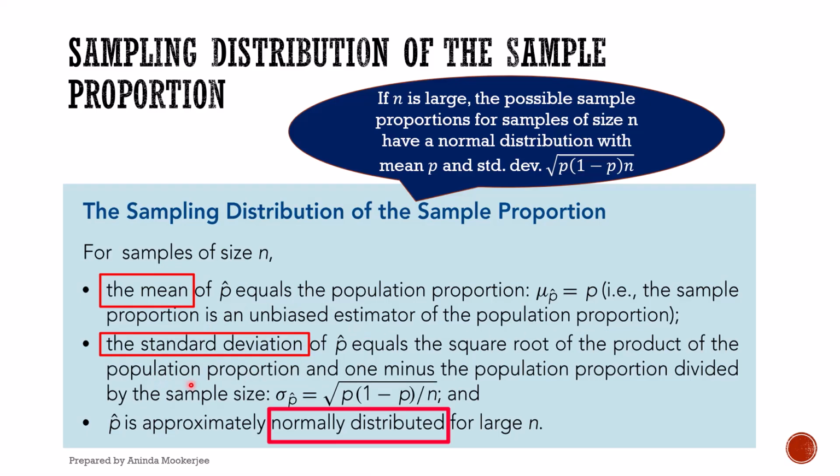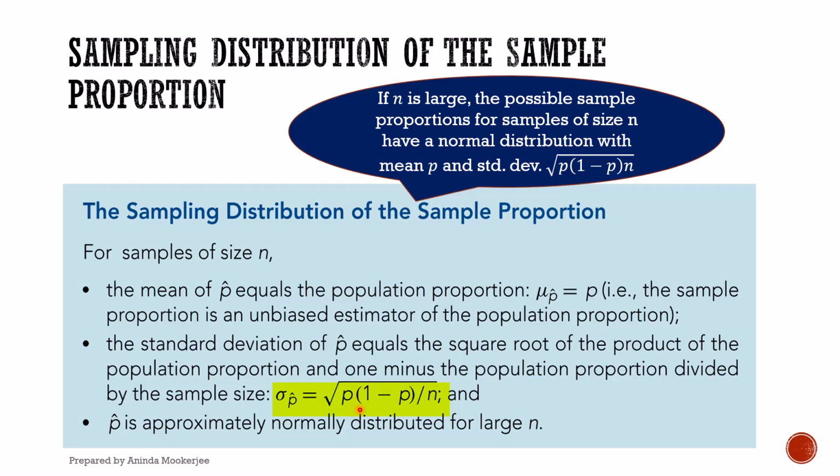As for the standard deviation, this is the formula: sigma, which stands for the standard deviation of all possible sample proportions, is given by the square root of p, the population proportion, multiplied by 1 minus p, which is the failure proportion, right? p represents the success proportion, whether it's of the population or p hat, the sample proportion, and 1 minus p will therefore represent the failure proportion, divided by n. This is the formula for the standard deviation.